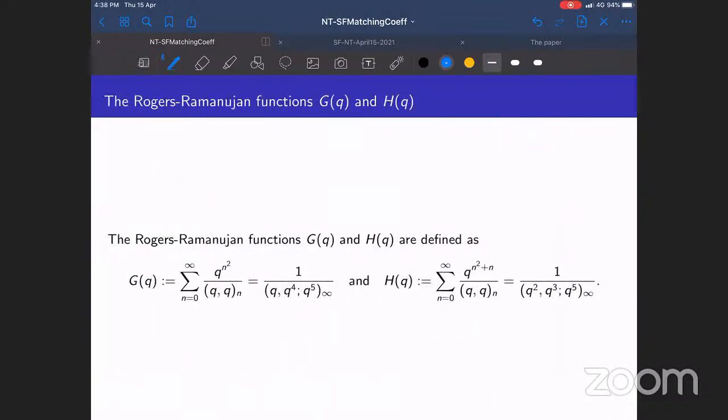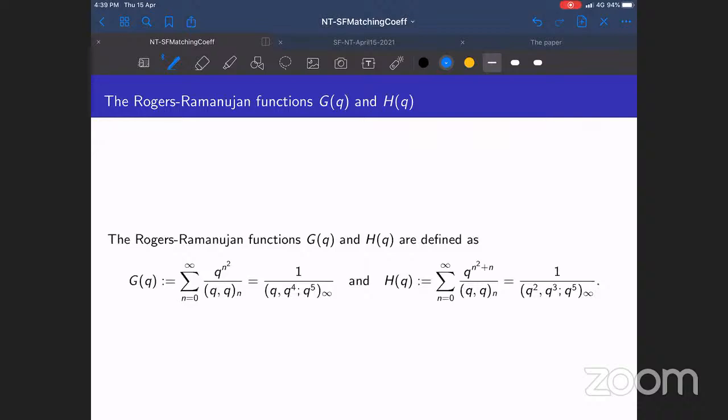But the most interesting results on matching coefficients came from the Rogers-Ramanujan functions G(q) and H(q). We know that Ramanujan actually recorded 40 identities involving G(q) and H(q), and those were fully proved only in this century.